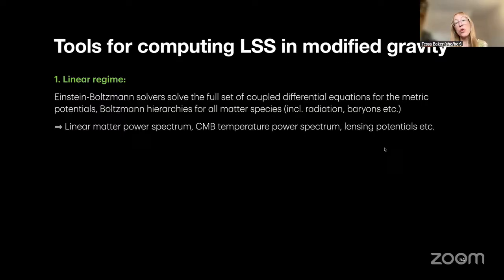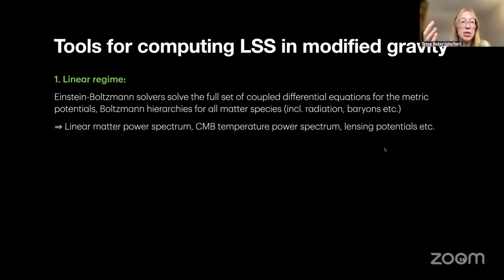So what you want is a tool called an Einstein-Boltzmann solver, right, which is a code which solves the full set of coupled differential equations. We've seen some of those equations today and in yesterday's talk, but they are the equations describing the relationship and the evolution of your gravitational metric fluctuations and your density perturbations in all your species, so not just dark matter, but also radiation, neutrinos, and baryons.